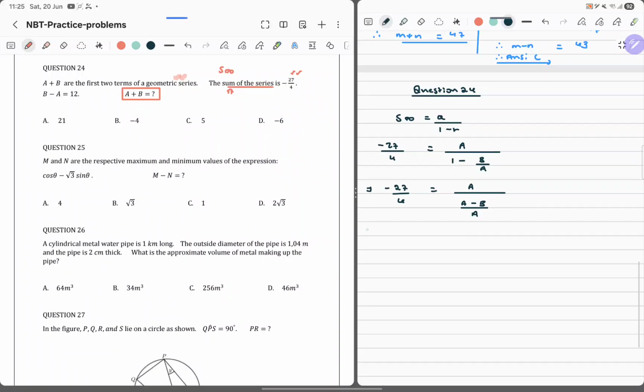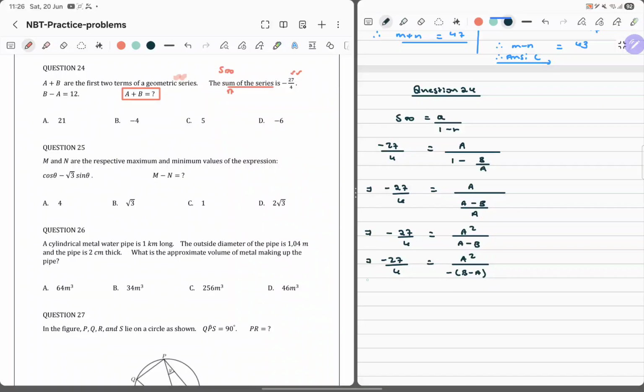Okay. So this further implies that minus 27 over 4 is equal to, this flips, a squared over a minus b. Now we want to create something like that. This is going to be a squared divided by, if we factor out a negative, b minus a.